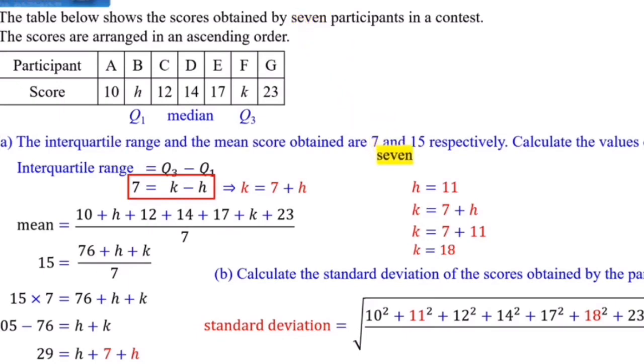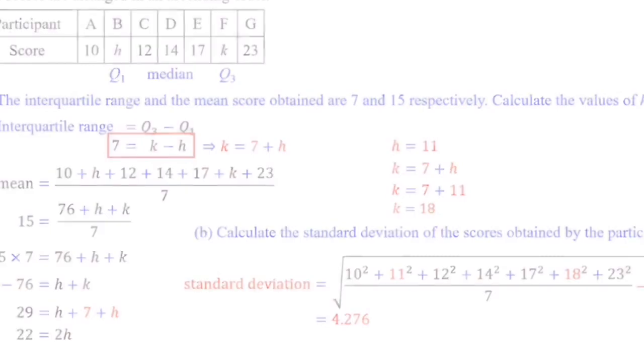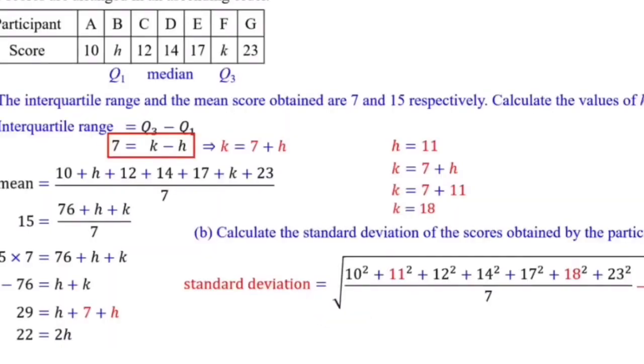Then minus the mean given in the question, 15 square. Then you simplify your answer, you will get 4.276. Okay, so this question is not easy, so you need to be very careful, and it's a bit challenging because it involves two unknowns, so you need to practice more. Alright, this is the answer. For A, H is 11, K is 18, and B, 4.276.